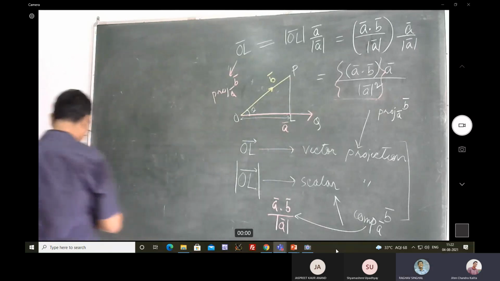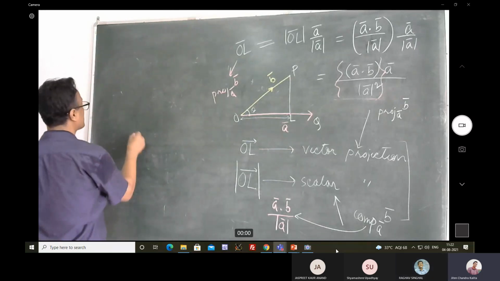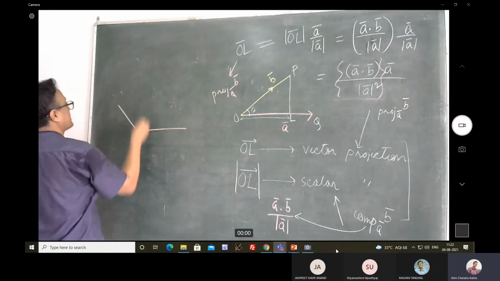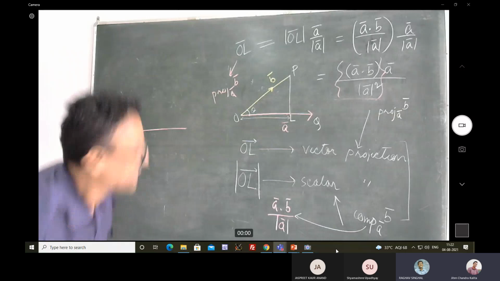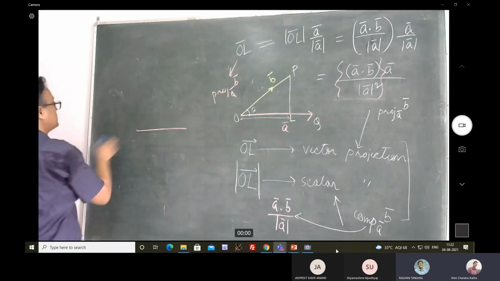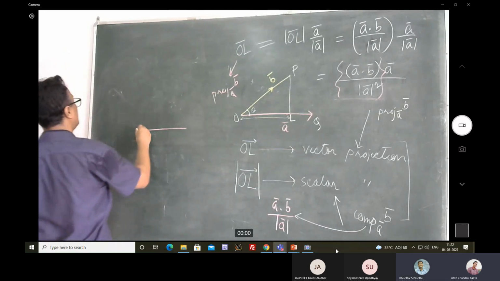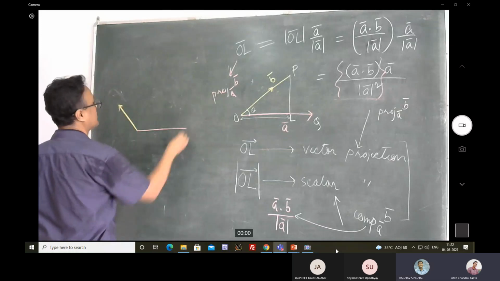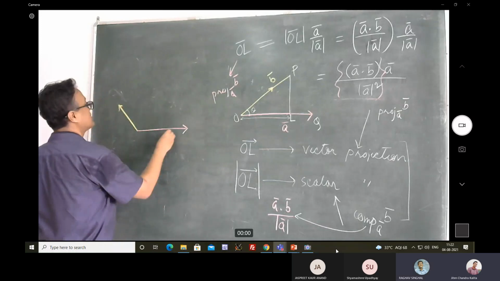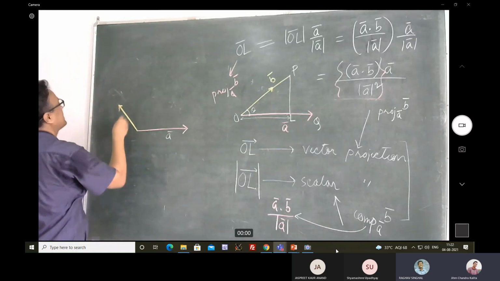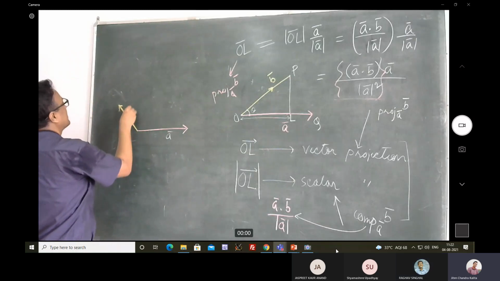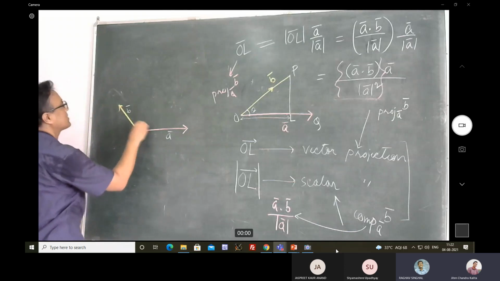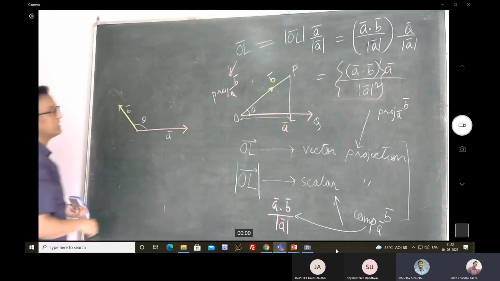Let me use different colors so that this is easier for you to differentiate. Say suppose I have this situation. Say this is A and this is B, and you can see that this angle is obtuse.